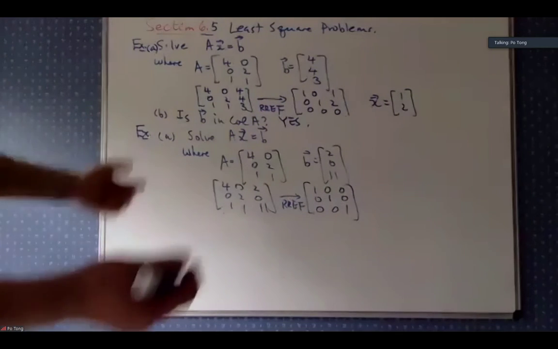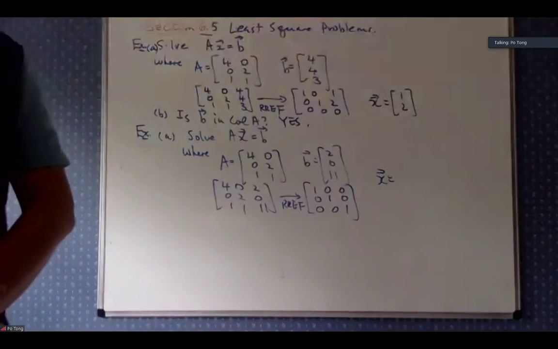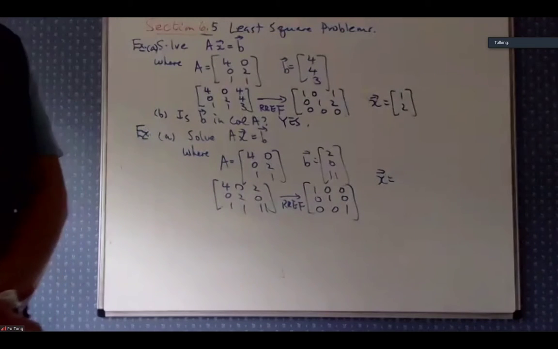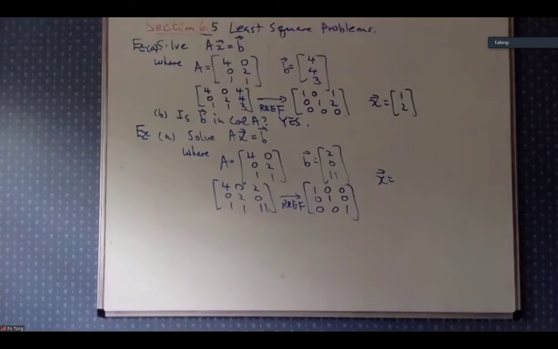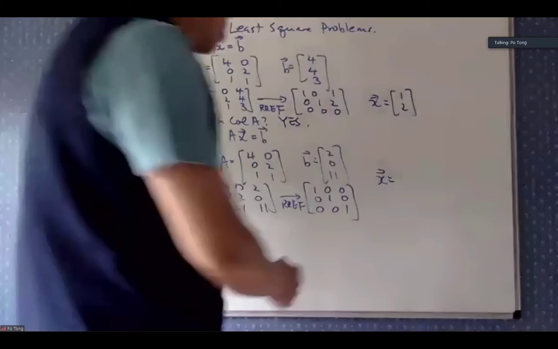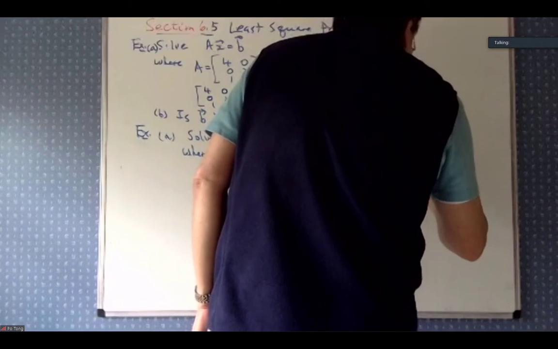So what's the answer for x? How do we interpret the result? There isn't one because the bottom row you have 2 zeros and then a 1. Yeah, so no solution. The system is inconsistent.